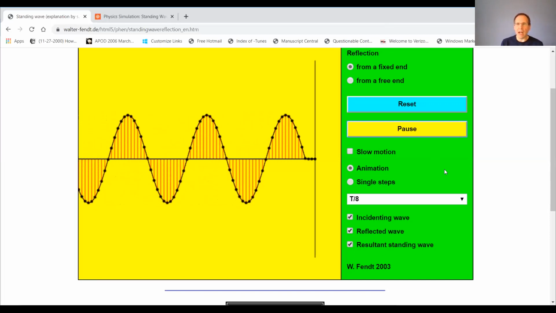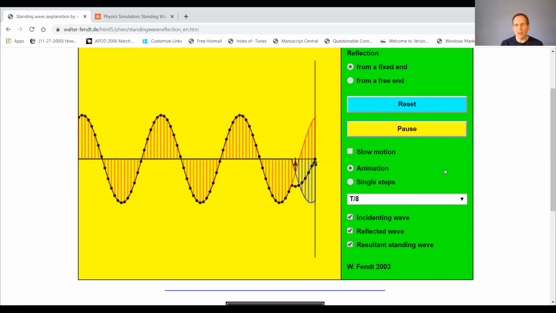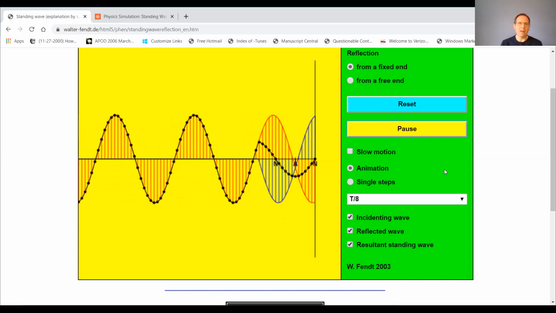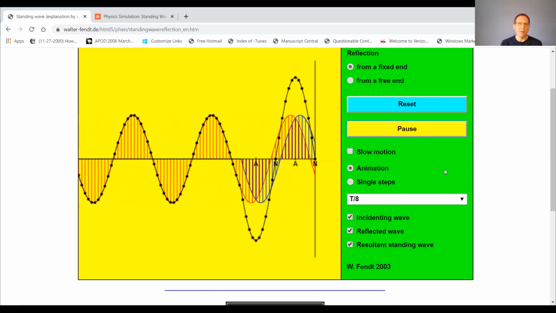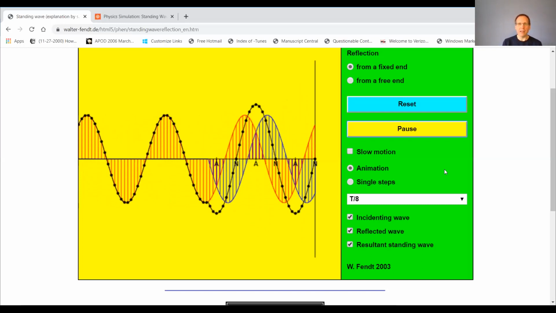And those two are going to add together to form what's called a standing wave. So the blue is the reflected wave, and if I add those two together, I get that standing wave that's just oscillating in place.